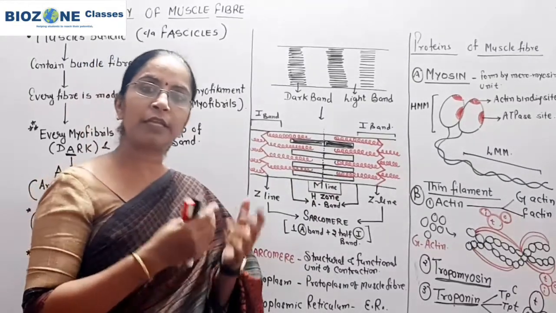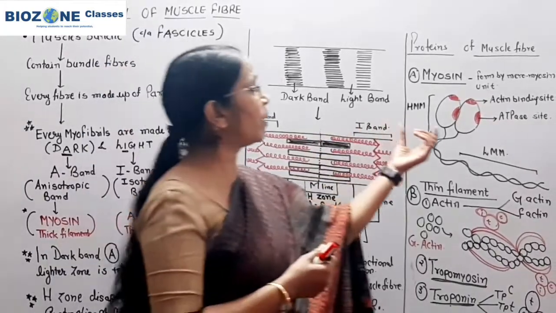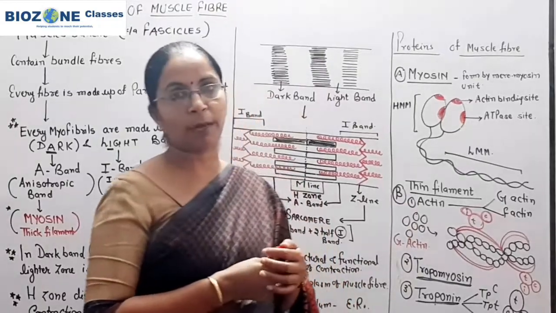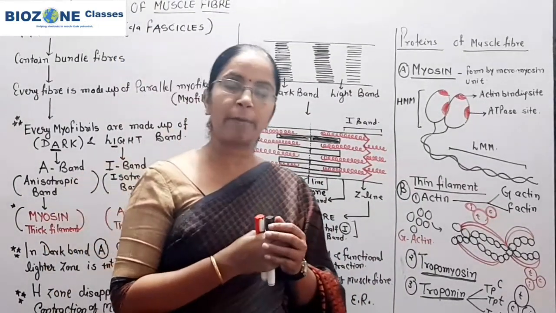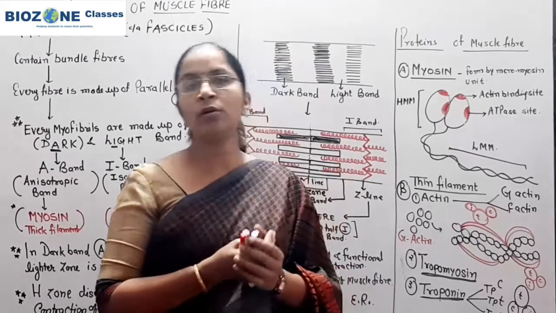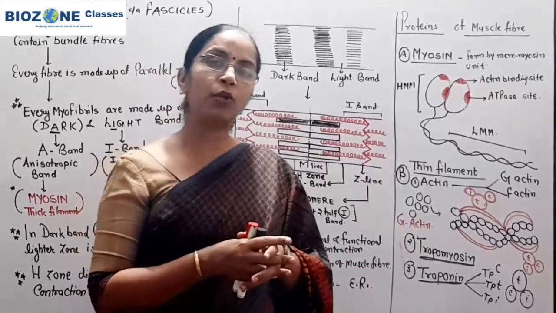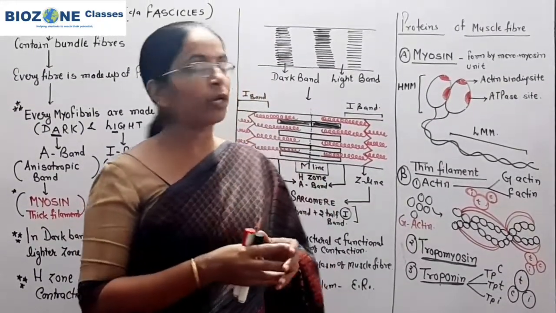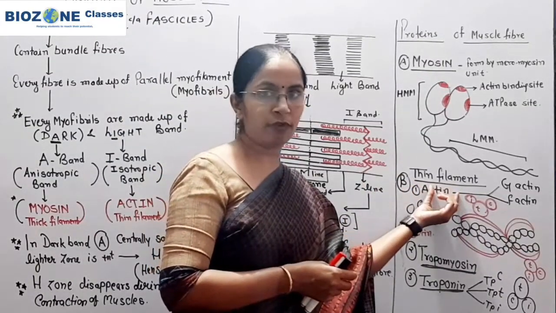But when we study these proteinaceous parts in detail, predominantly we say two proteins are there, but in addition to myosin and actin, tropomyosin and troponin are two other proteins which also participate in the formation of the thin filament.